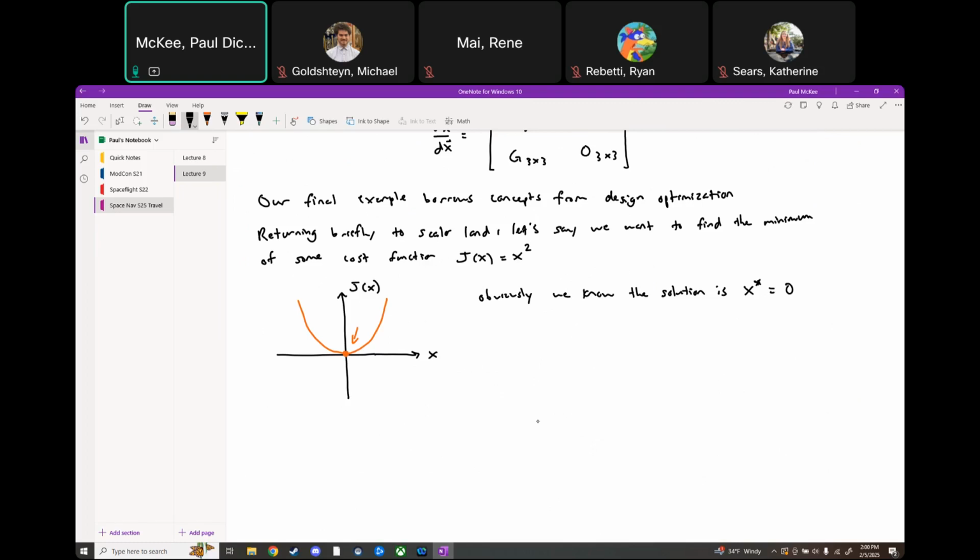So the optimum x value is 0 because that gives us the lowest possible J value, right? The technique that we will use is more complex, but we'll see it gives us the same answer. So the technique we use borrows from calculus.